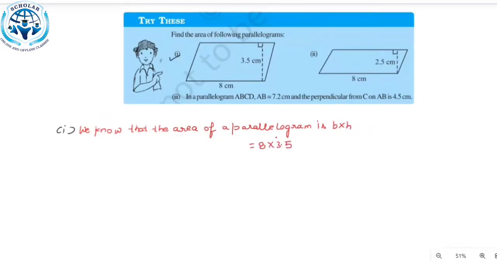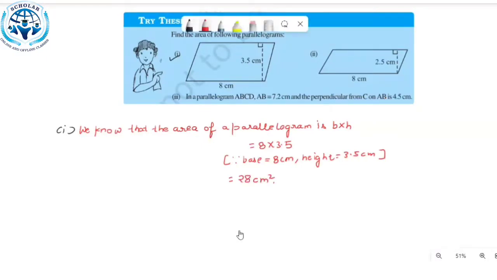Base is 8 centimeter, height is 3.5 centimeter. We will multiply both and get the area of the parallelogram. The area is always in the square units, so it is 28 centimeters square.